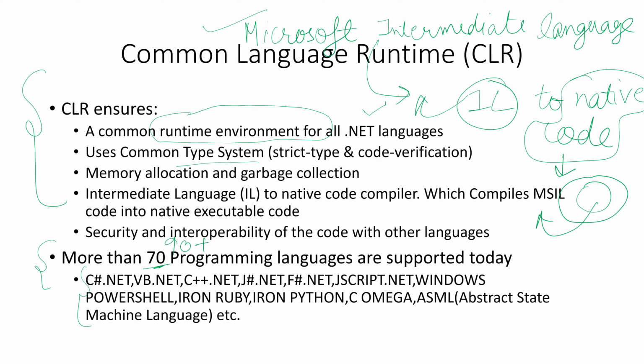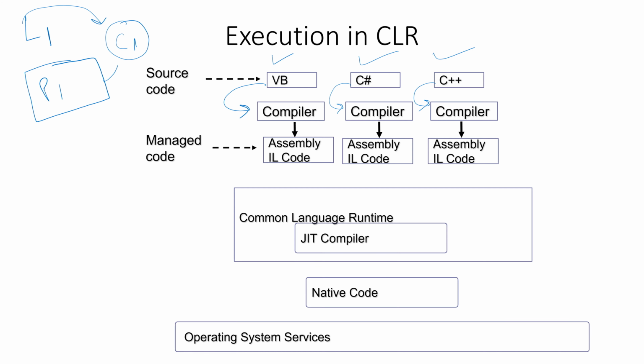So for example, let us consider we have a language L1. Okay, and you have written a program P1 in this language. Okay, so this language L1 will have its own compiler, let us call it C1. Okay, so what this compiler will do, it will take this source code or program P1 as input and convert it into an assembly intermediate language code.